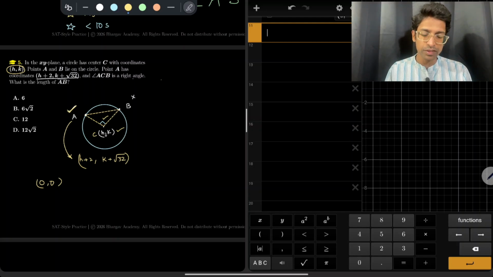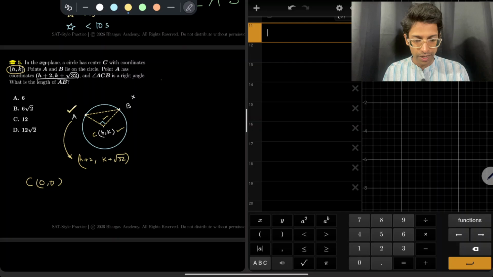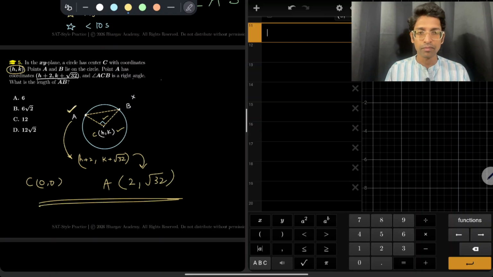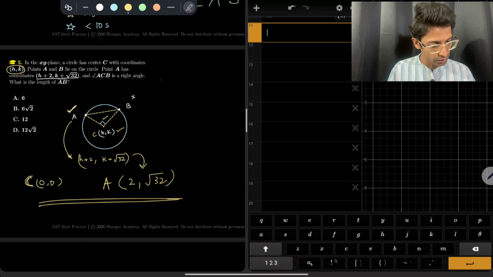So if the center of the circle is h, k, did he give you the radius? Yes, indirectly he has given you the radius because you have selected the center as C and point A as, from here if I substitute 0, 0, it will be 2, square root of 32. So these are the 2 points. One is the center of the circle, another point is a point on the circle. So I can find the distance between these 2 points using the function distance.